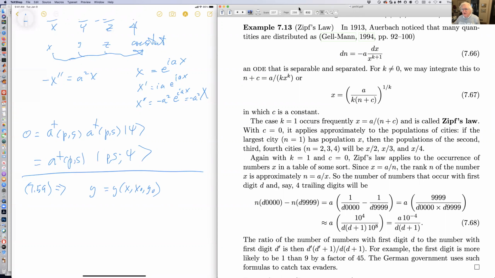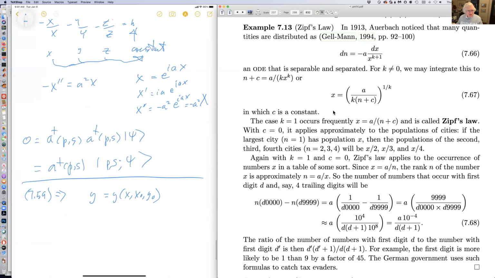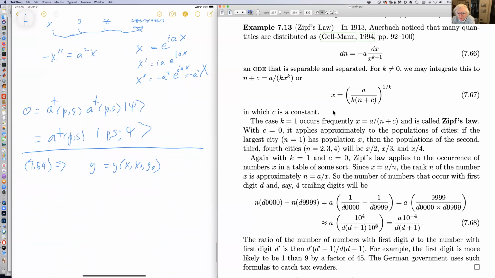So the value of the nth item in the list is typically like that, where a and c are suitable constants. And what he noticed was that the case k equal to 1 occurs frequently. And in that case, if k is equal to 1, we have that x is just a over n plus c.